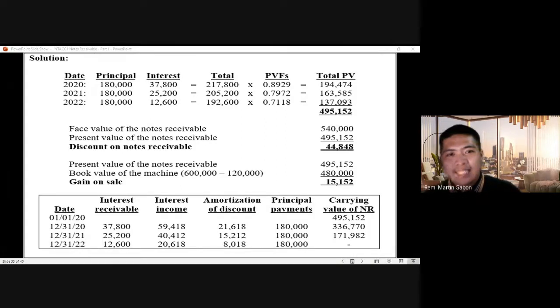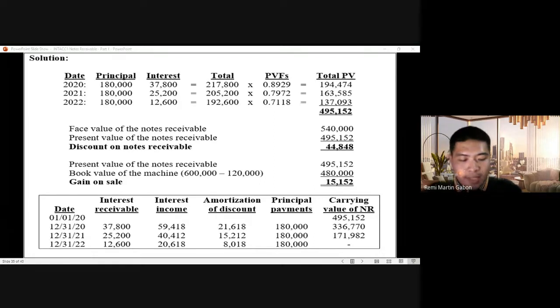Okay? Now, we stop the process. Okay, stop the process kasi we need to zero it out. So para maging zero out yan, magkano ang magiging amortization natin na idadagdag sa 171,982 para maging zero out siya kung bawasan ng 180,000. So to do that, adjust ulit tayo ng figures.